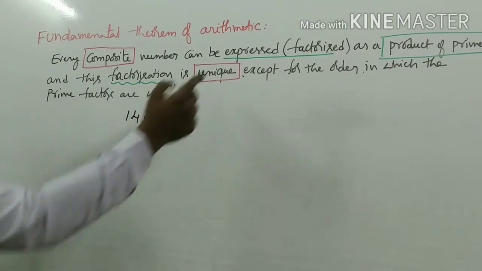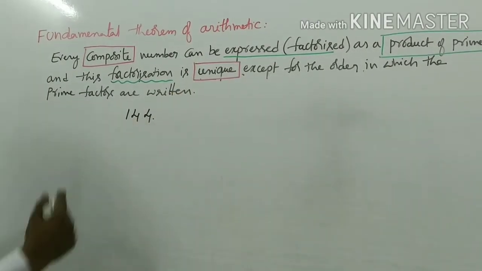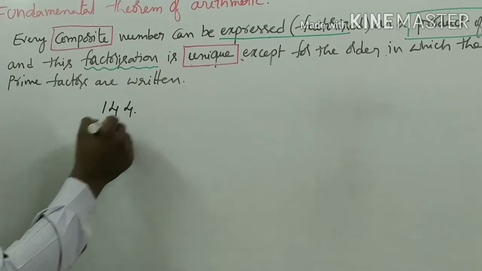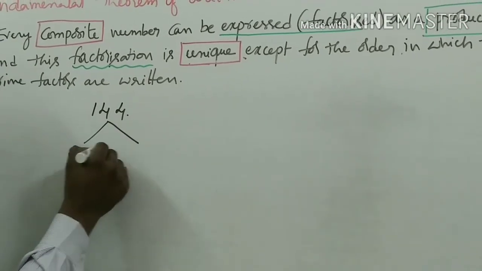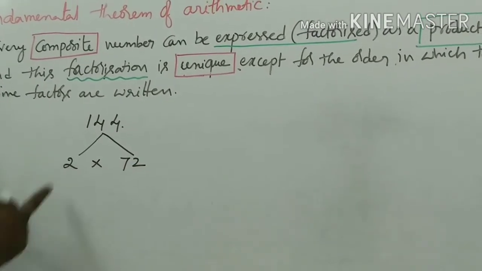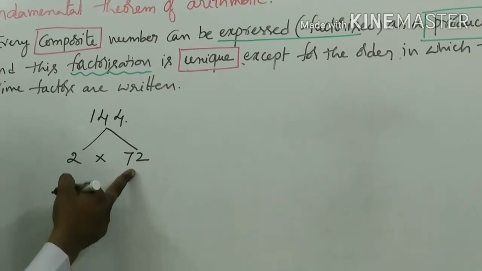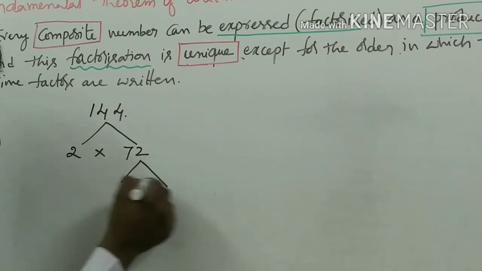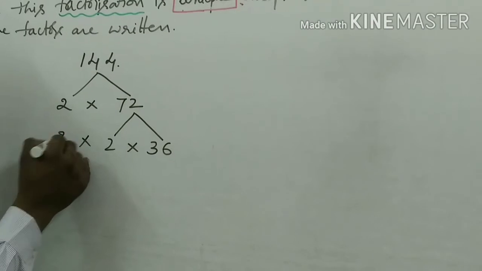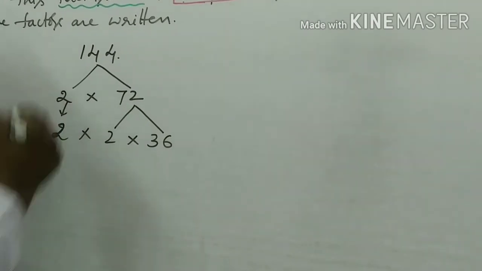Now I am factorizing this as a product of primes. I am using the 2 table. 144 is 2 into 72. 72 is not a prime number, so again I am expressing it: 2 into 36. This 2 I am bringing down.